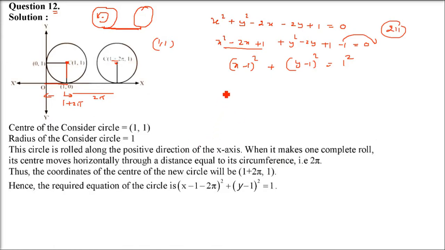X has changed to 1 plus 2 pi, and k will remain the same as 1. So let me write the equation: (x minus h), where h is now 1 plus 2 pi, and (y minus k), which hasn't changed, so I write it as 1 only, whole squared equals 1 squared. It depends on you how you write it. This is the correct one.